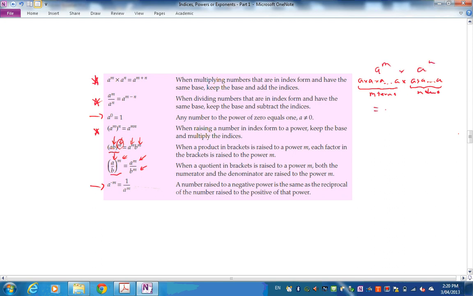And so that would equal how many terms? Total terms. So let's have a look here. I'll just put it down roughly. This would be m plus n a's altogether, which by definition is a to the m plus n. So that's a little informal proof that you might like to look at, not assuming any numbers, so therefore it's a proof.